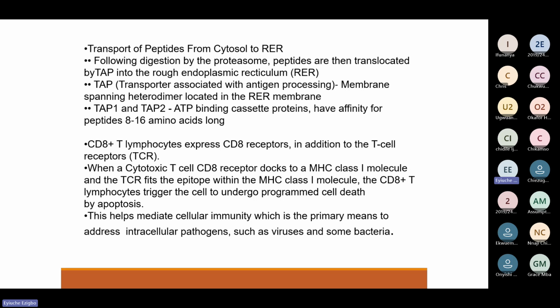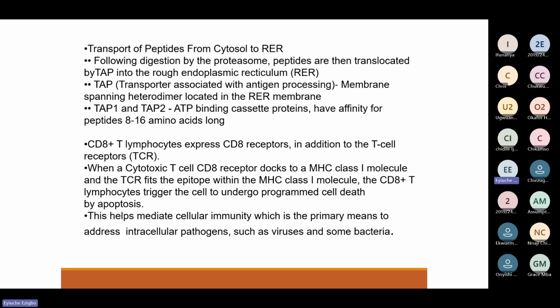So the best option for the body is to eliminate such cells, and that is why the cytotoxic T lymphocyte comes into play to initiate programmed cell death. This helps mediate cellular immunity, which is the primary means to address intracellular pathogens such as viruses and some bacteria that have invaded inside the cell.